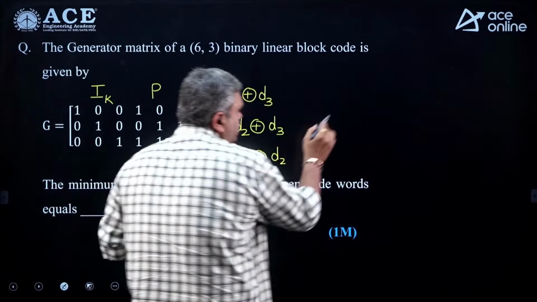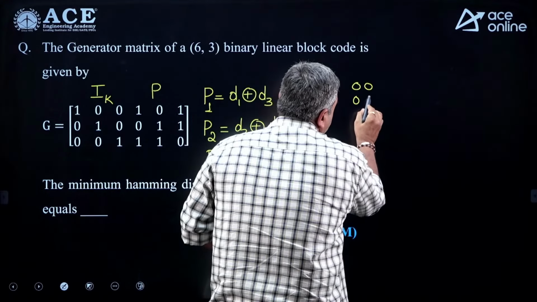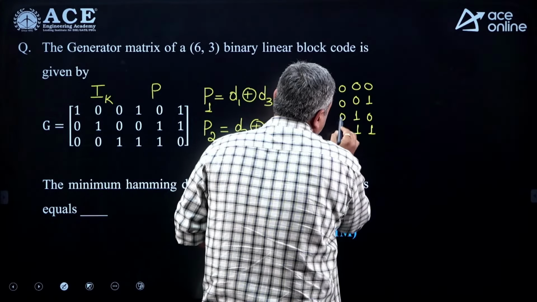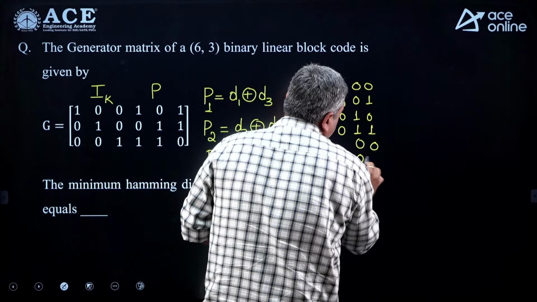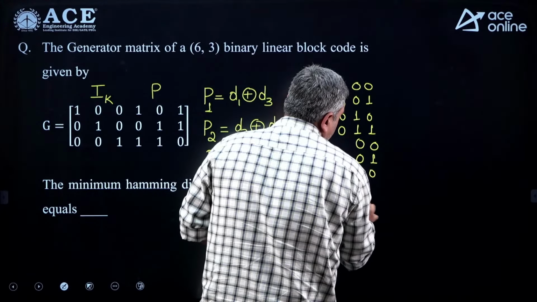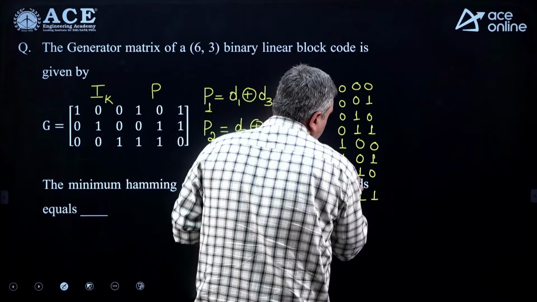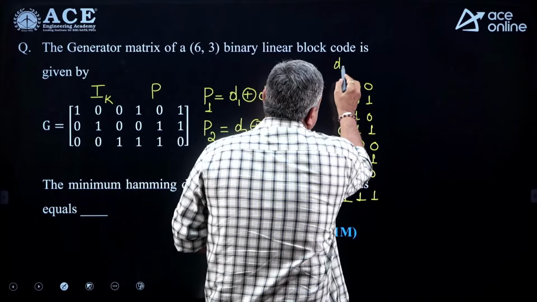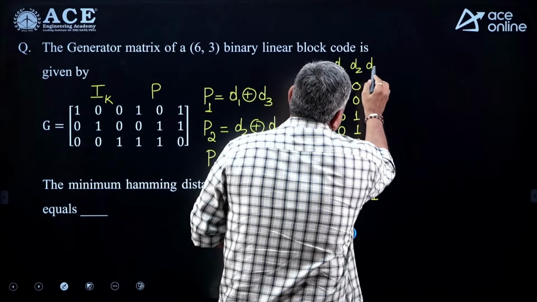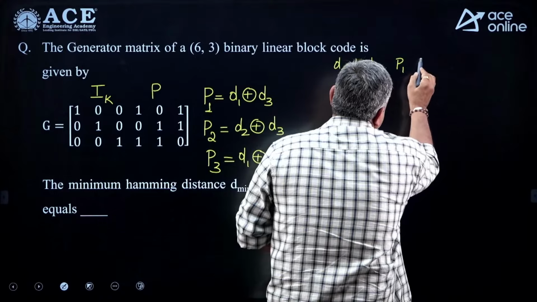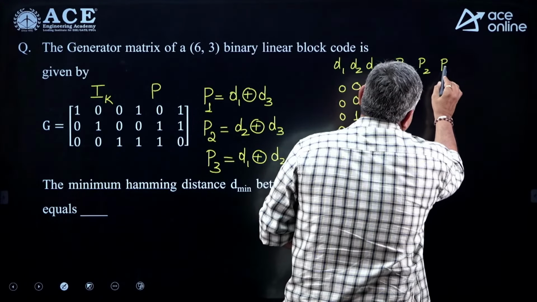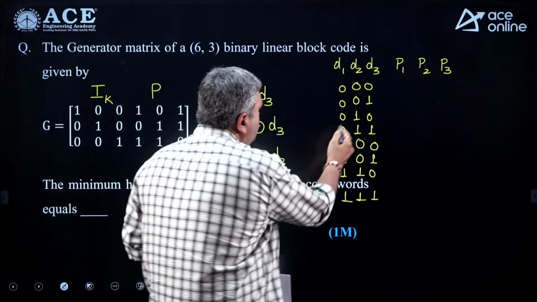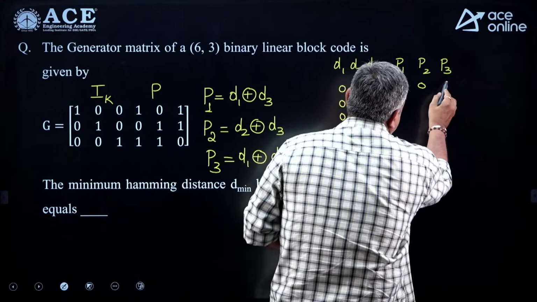If you take your data, you have 0 0 0, 0 0 1, 0 1 0, 0 1 1 with MSB as 0, and again 0 0 0, 0 0 1, 0 1 0, 0 1 1 with MSB as 1. These are our 8 combinations of data, taking D1, D2 and D3, and we develop the parity bits based on the given equations. For all zeros, you will get zeros only.